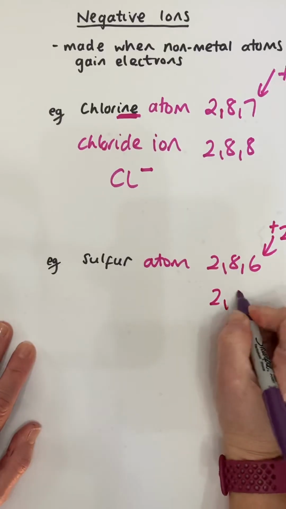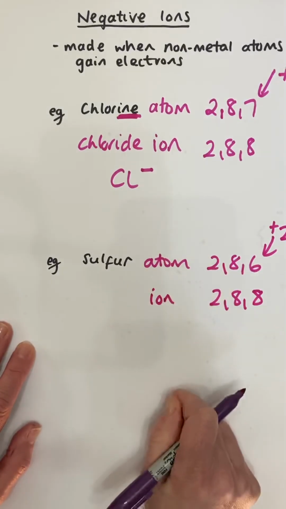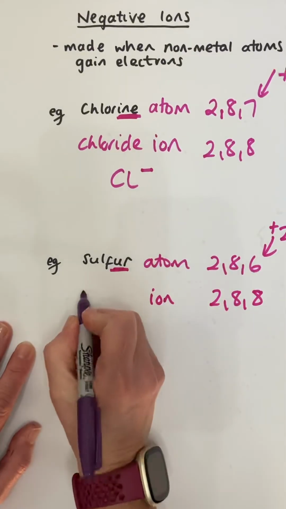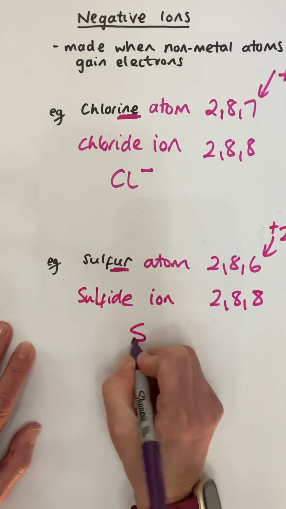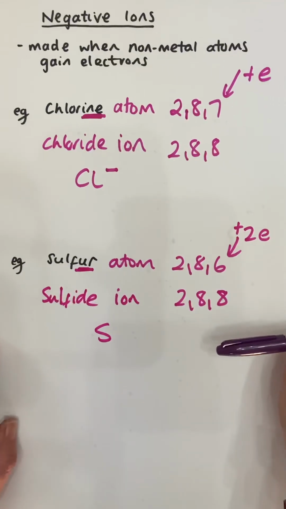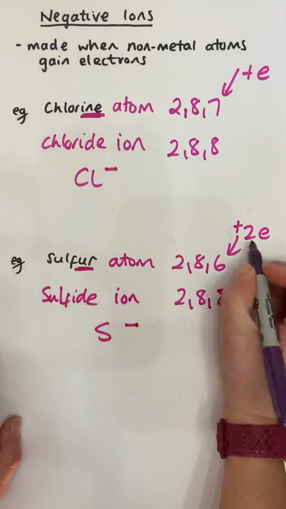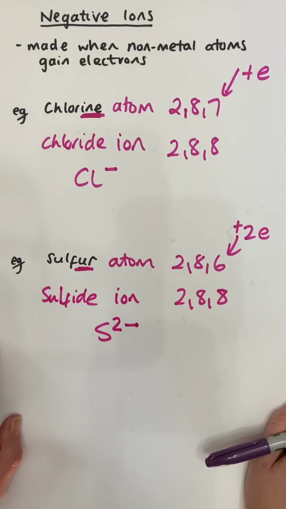To add 2 electrons gives me my 2, 8, 8 electron arrangement. I've now become an ion, and again, this ending in my name, you don't get a sulfur ion, you get a sulfide ion. It's sulfur, so it's still the symbol S. I'm an ion now though, so because I'm an ion, I must have a negative charge, and the size of my negative charge is how many electrons I had to gain, so I had to gain 2.